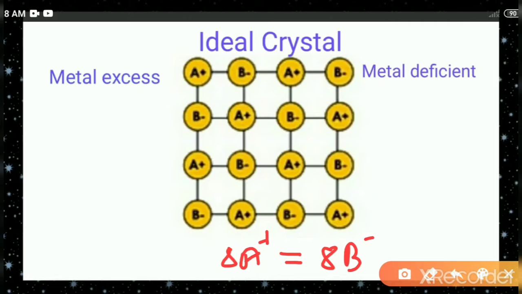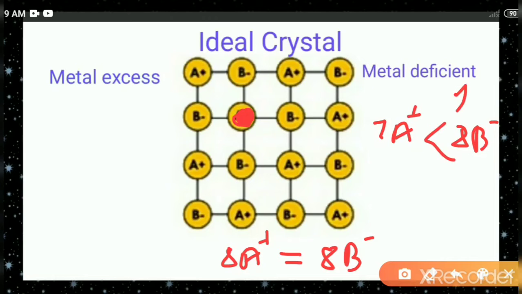But let one of the positive ions, that is the metal ion, be missing from its lattice site. Now the number of A positive is only 7, and there are 8 B negative. So the number of metal ions has decreased.